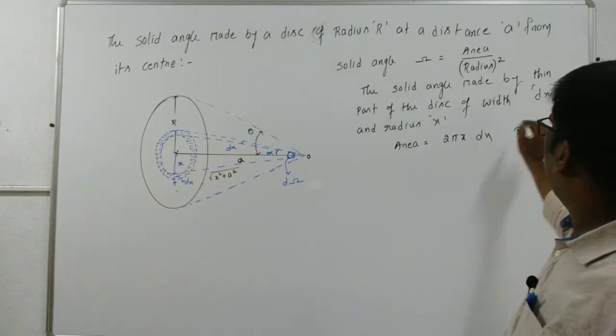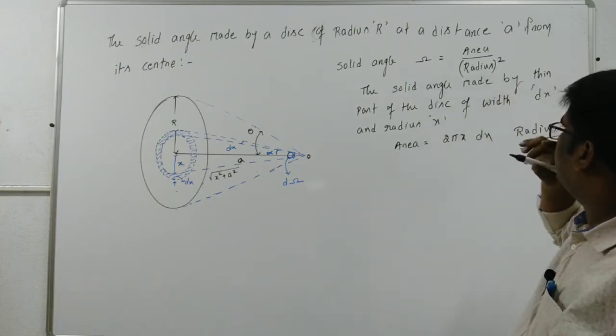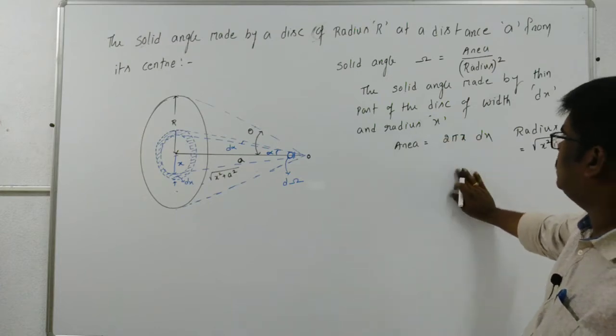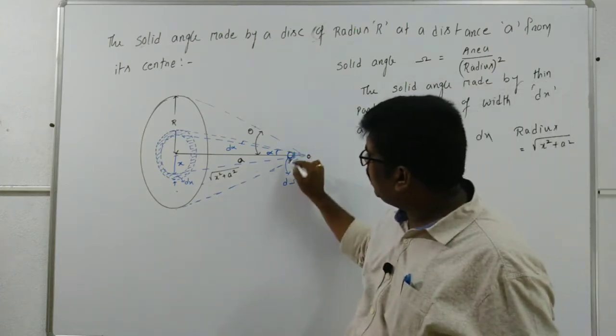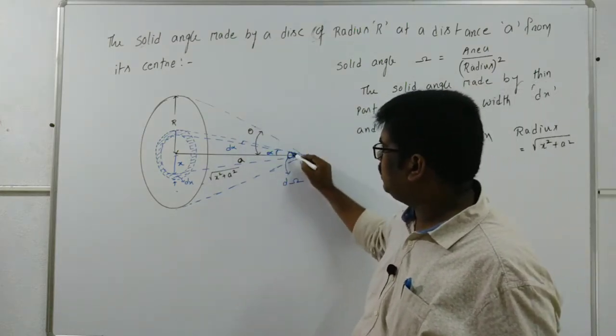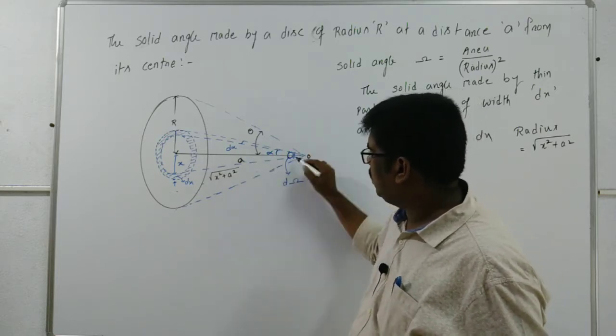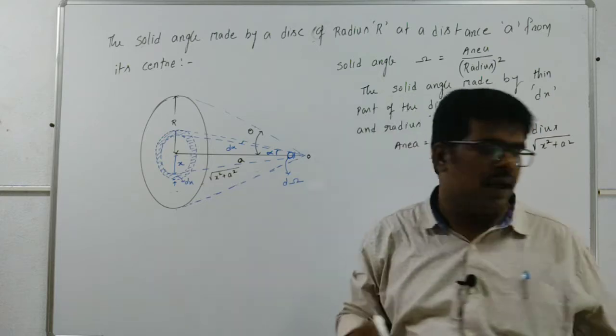Then the small solid angle. How can you find the solid angle made by the thin part of the disc of width dx and radius x? That is not the complete solid angle, that is a small part of this disc. Only that is a small solid angle d omega.